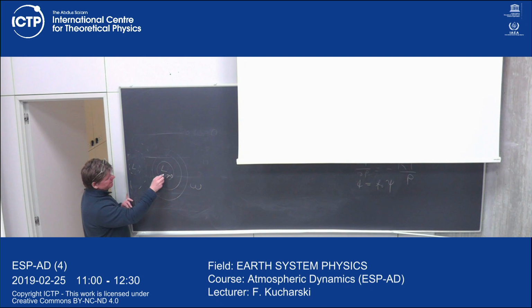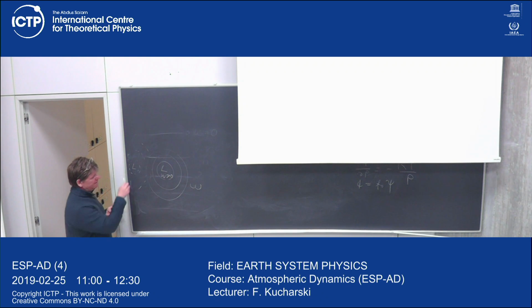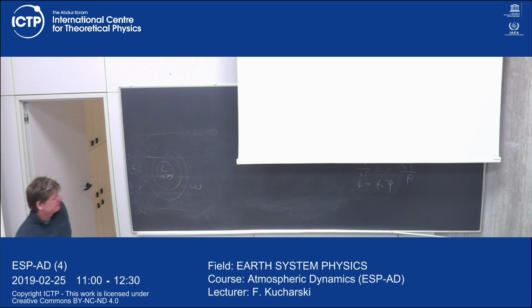this position with respect to the upper level trough is always favorable for positive vertical velocity if the trough is moving in that direction. Yes, that can be derived from an additional equation that we haven't studied.